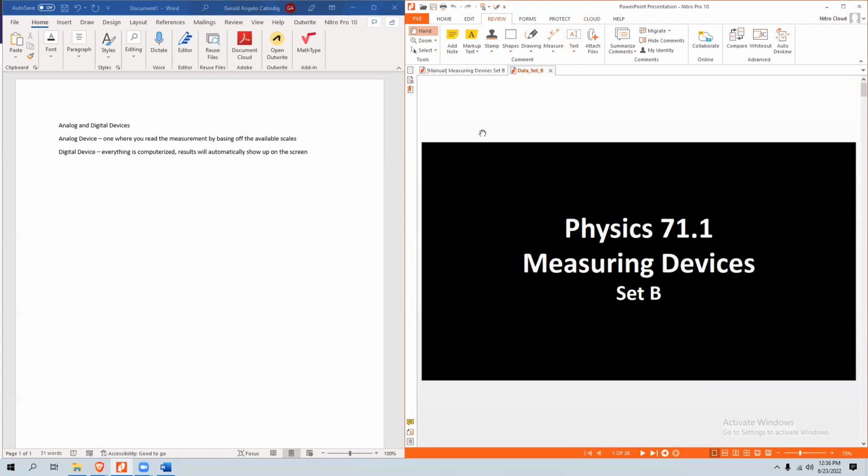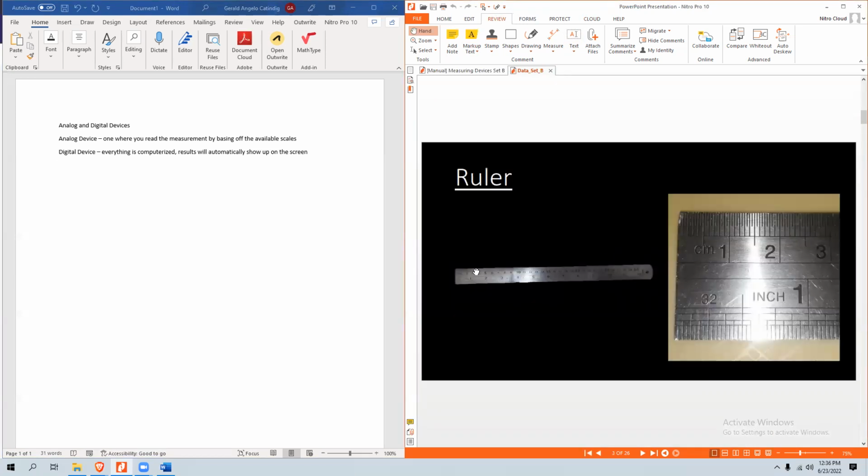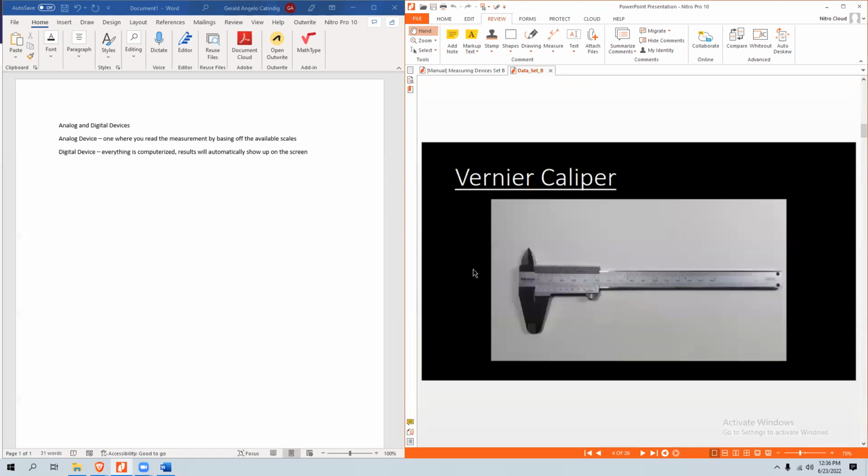Your tools here would be your ruler. Of course, all of you would probably know what a ruler looks like. Just basically a stick that's usually 1 foot long with measurements in both imperial units like inches and metric units like centimeters. We also have here your Vernier caliper.